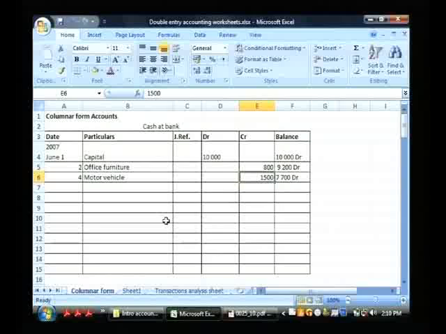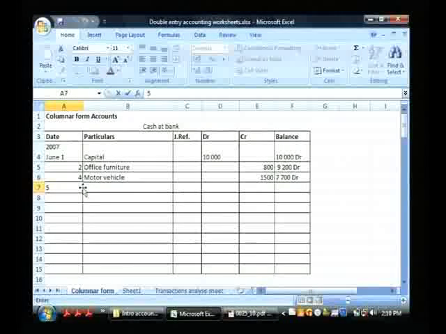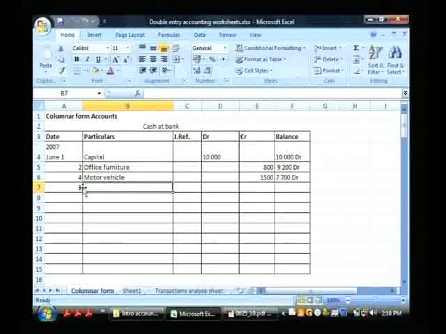5th, paid 800 Kina owing to Paradise Limited. We have double entries are creditors Paradise Limited, debit and cash at bank credit.